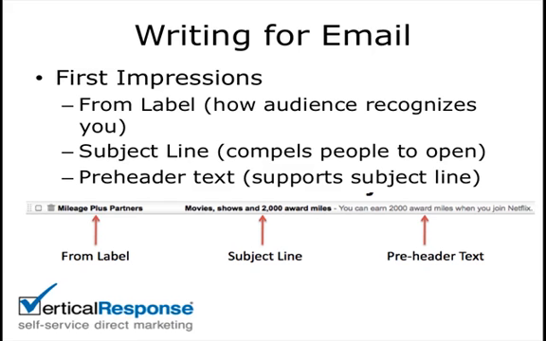The from label needs to be the sender of the email, and this is how the people receiving your email are going to know who's sending the email to them. Generally speaking, you want this to be your company name because that's who they're going to know. That's who they signed up with. That's what they recognize. They'll recognize that more than they'll recognize a person's name, like a salesperson or your CEO's name. So usually you want to have your company name there.